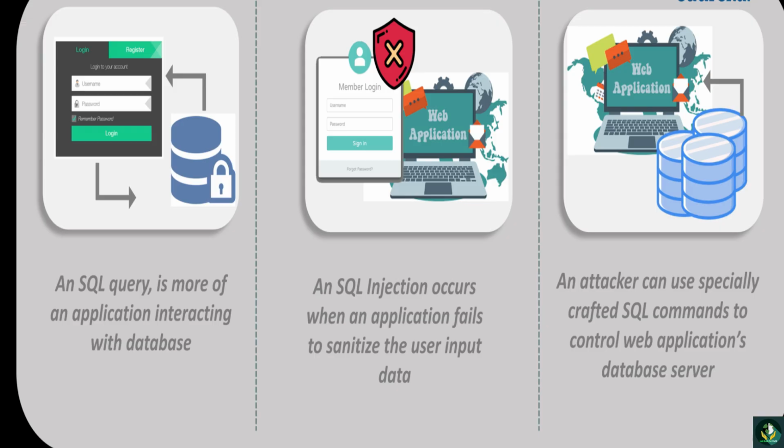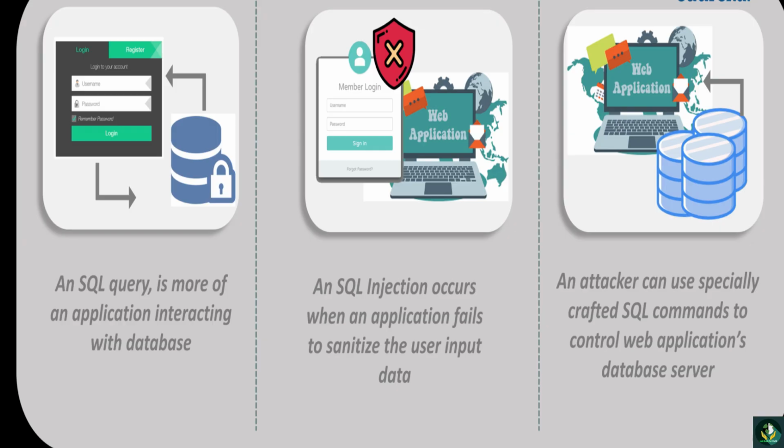This might include data belonging to other users or any other data that the application itself is able to access. In many cases, an attacker can modify or delete this data, causing persistent changes to the application's content or behavior.